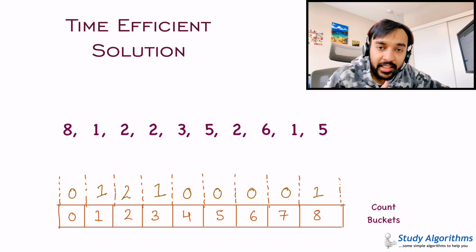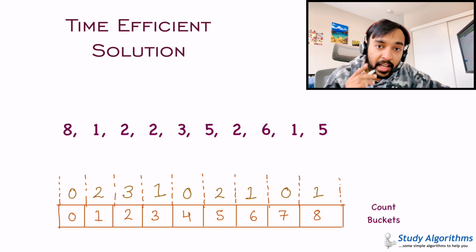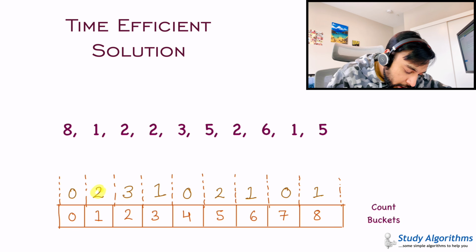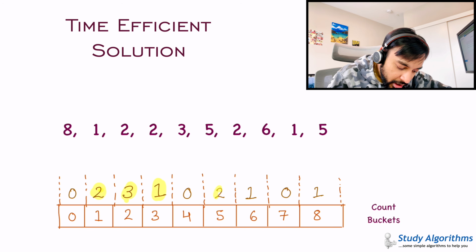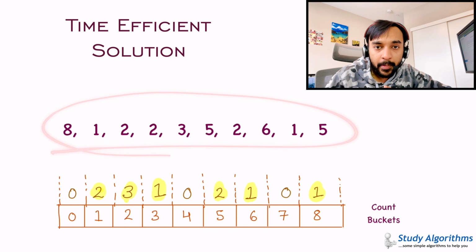Moving ahead like this, the array will become something like this, right? And what this array is now telling you is you have 2 ones, 3 twos, 1 3, 2 5s, 1 6, and 1 8, right? You can verify it in your original array.